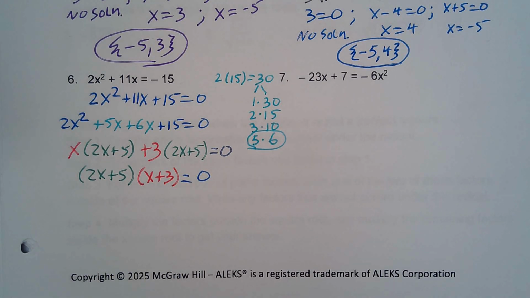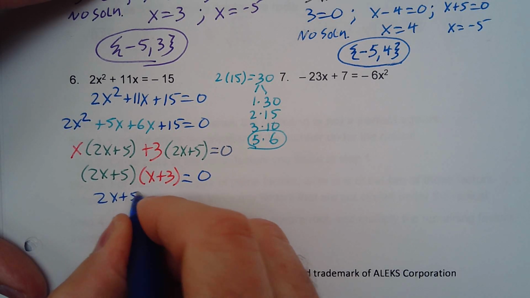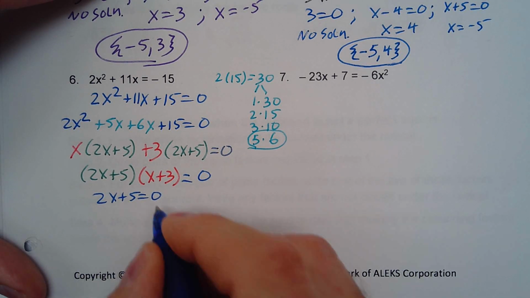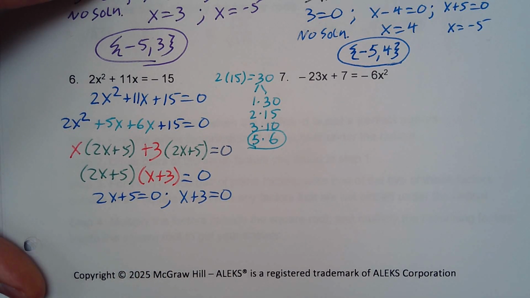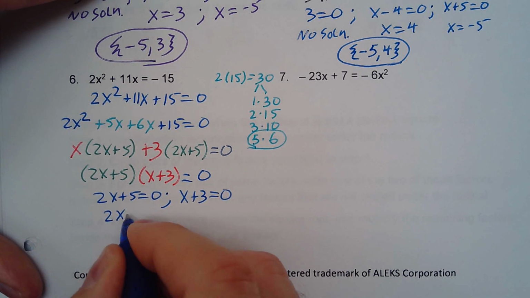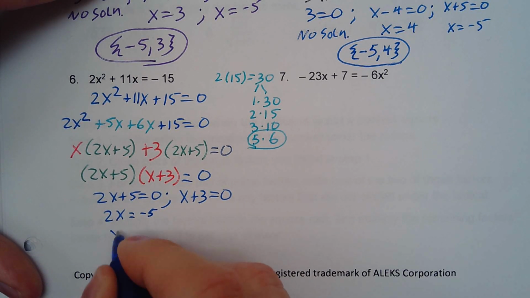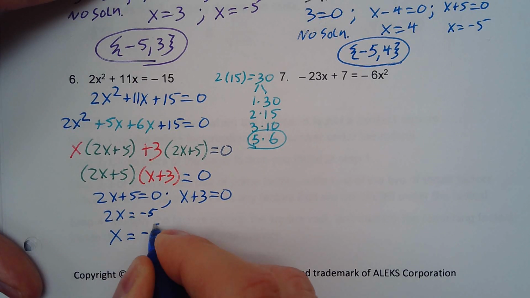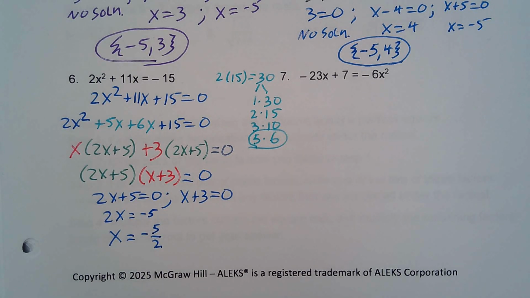And now we're going to go through and set each piece equal to 0 and solve. So on the first one, we'll subtract 5 from both sides, and then divide by 2. That'll give us a negative 5 halves.